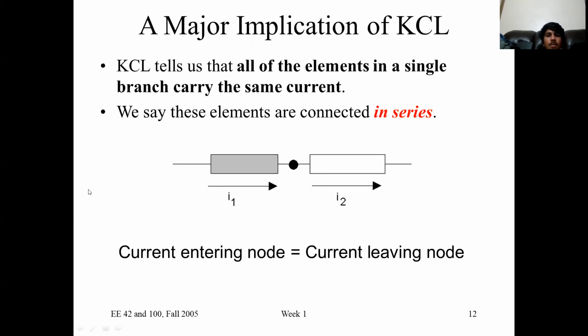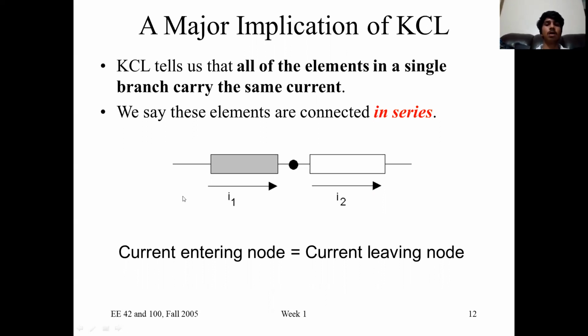A major implication of KCL: KCL tells us that all the elements in a single branch carry the same current. We say these elements are connected in series. Current entering a node equals current leaving the node. Here you can see I1 is connected to I2 with a single node.